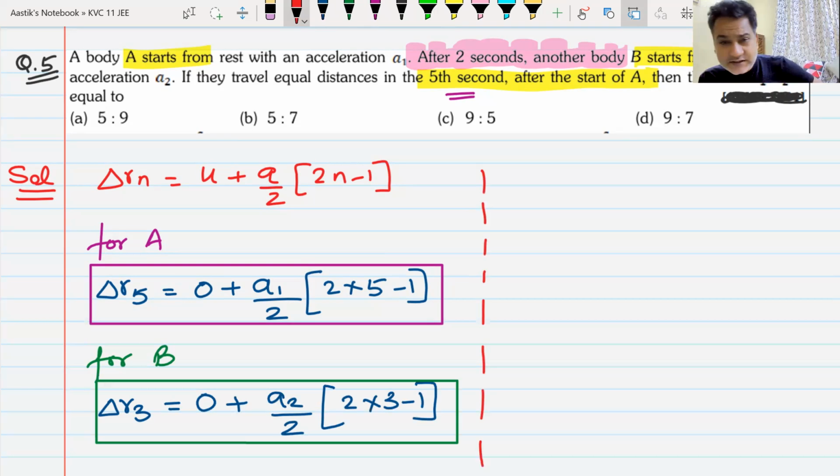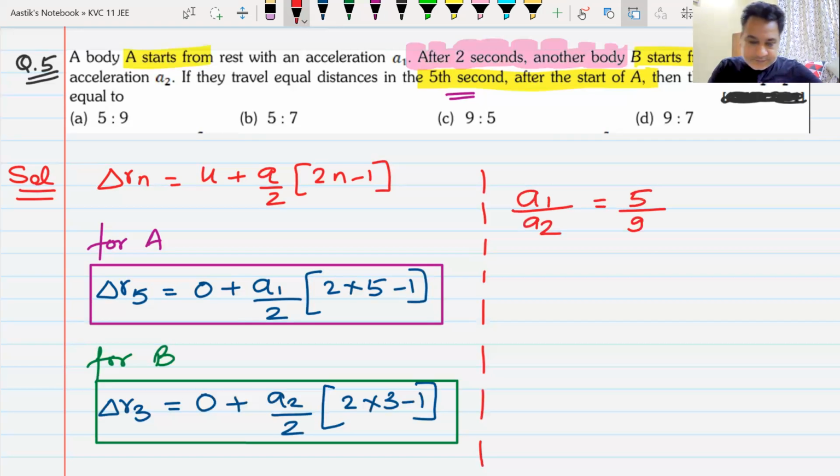Now both the displacements are the same. I am not going to solve it any further. From here, you should be able to get the ratio of A1 and A2. Equate both. You will get the ratio A1 by A2, and the ratio of A1 and A2 is how much? I think it is 5/9.